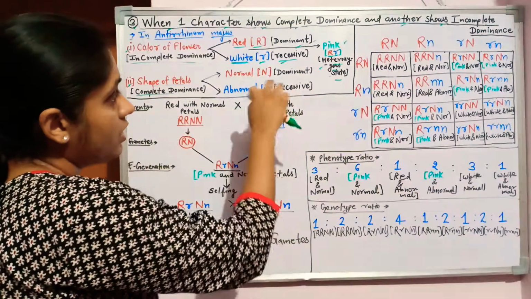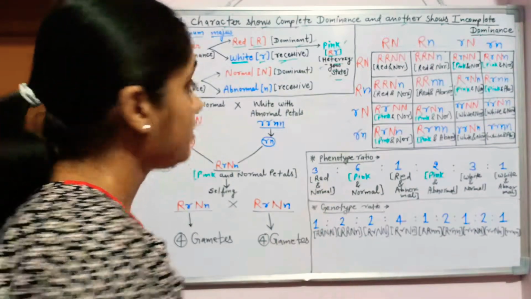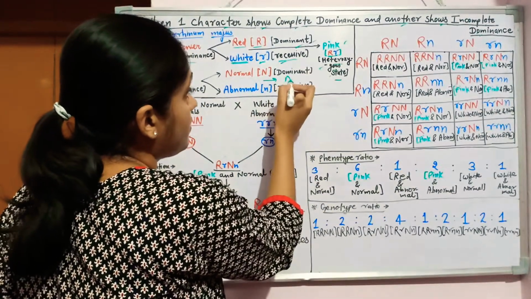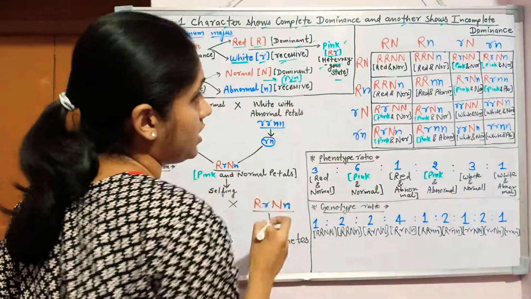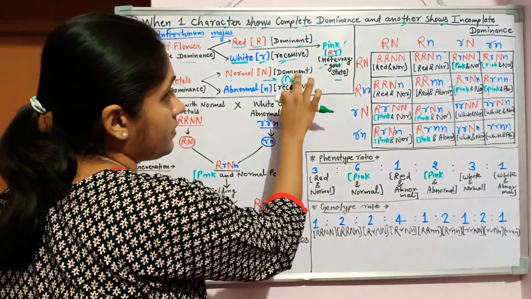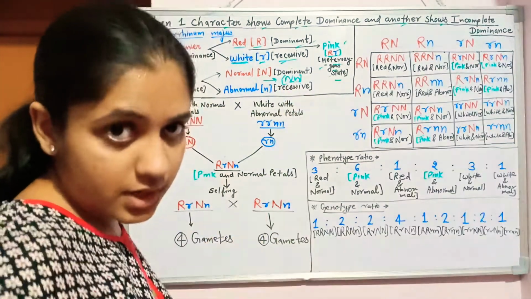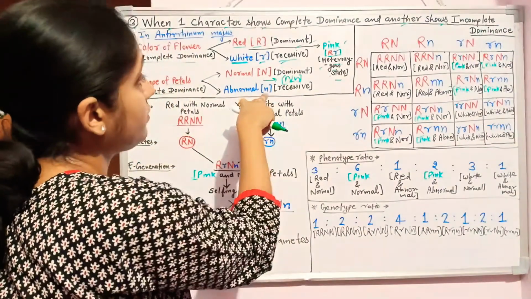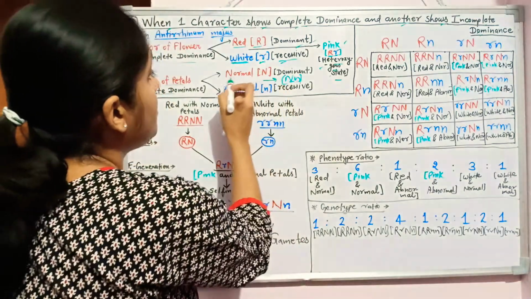So if the dominant and recessive alleles are present together in a heterozygous state, then the shape of the petal is normal.